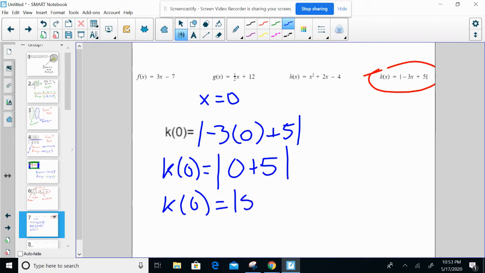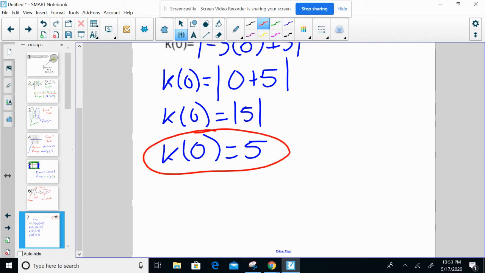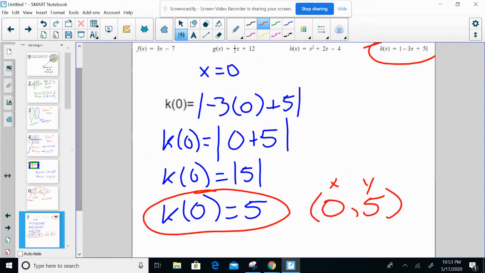Now, absolute value just makes whatever's on the inside positive. It's already positive, so k of 0 equals 5. That's your answer right there. Let me circle that, and let me tell you what this means. This is a point. It's the point (0, 5): 0 is our x, 5 is our y. That's all that means.